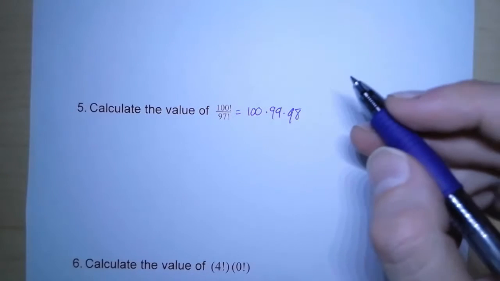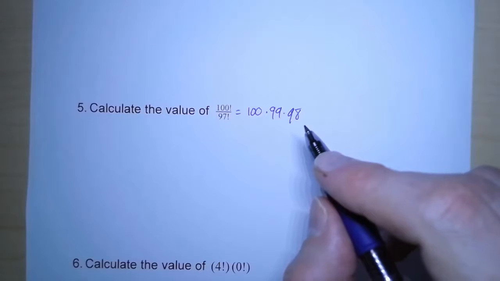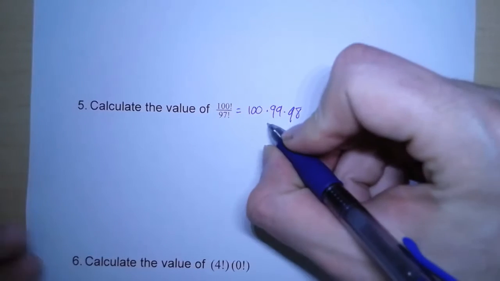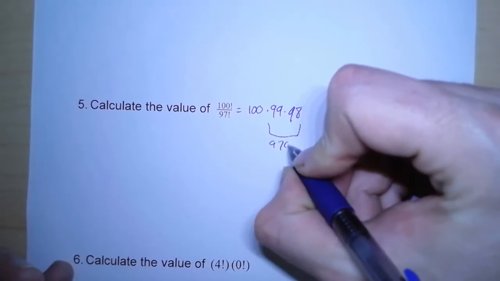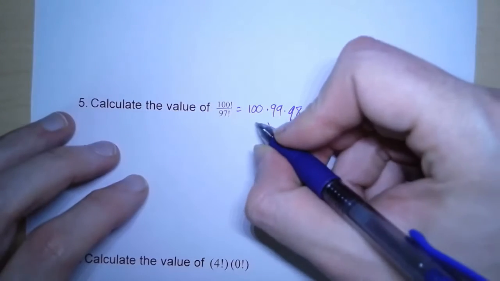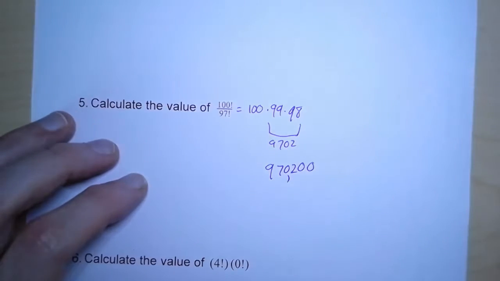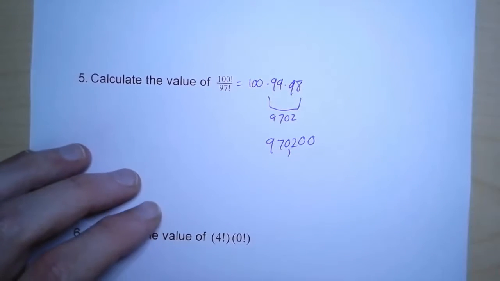So if we want to calculate that, 99 times 98 is 9,702. And then if we multiply that by 100, that's going to be 9,702 with 2 more zeros. So 970,200.